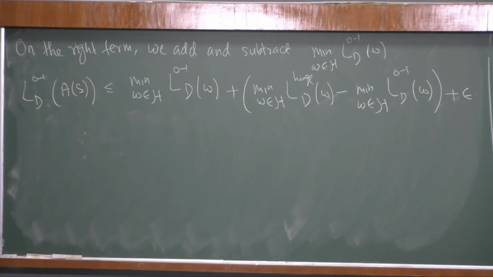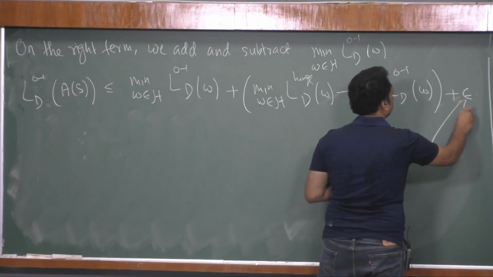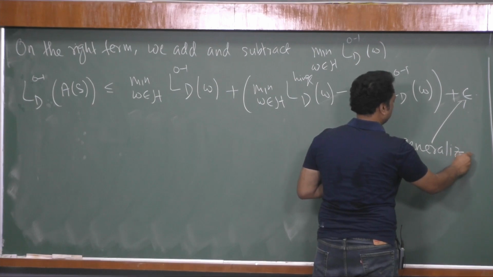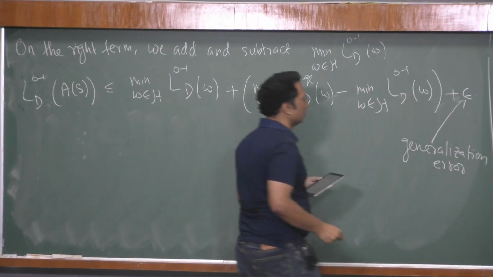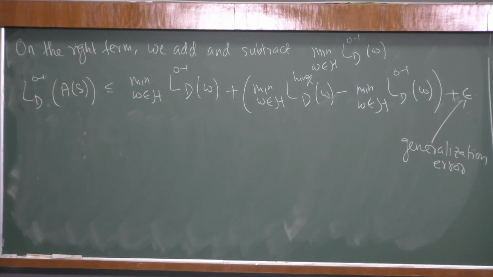Okay, so this is a generalization error that we know. This is the generalizability, how far the test error and the train error are.